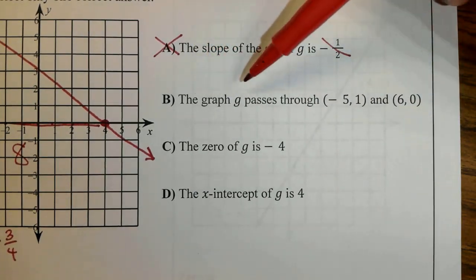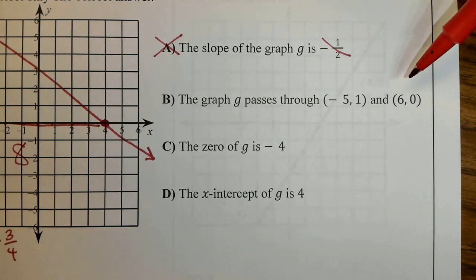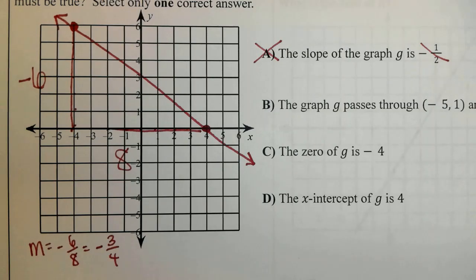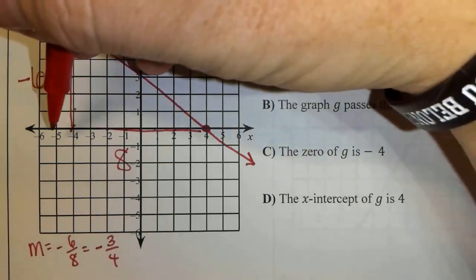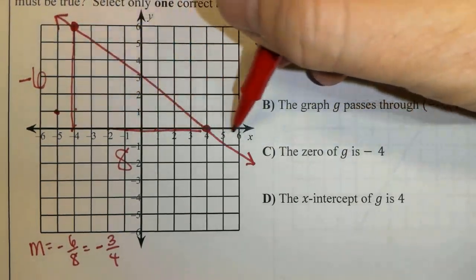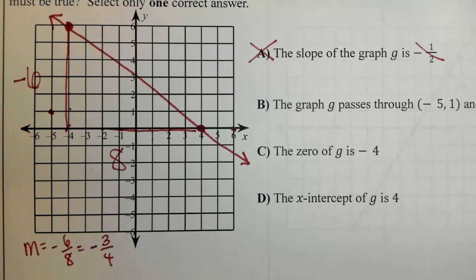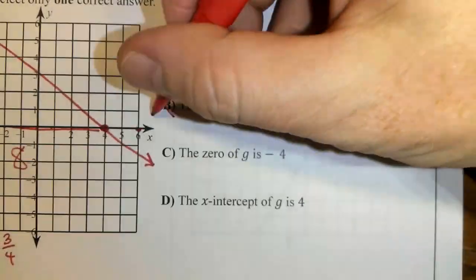Okay, let's look at this one. The graph passes through (-5, 1) and (6, 0). Well, let's go look at those points. So (-5, 1) is right here, and (6, 0) is over here. Well, that line is nowhere close to those. So those are both wrong, which means B is wrong.